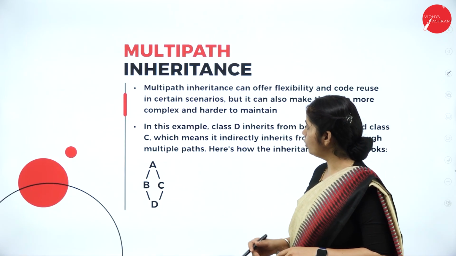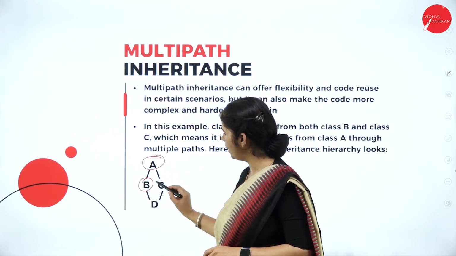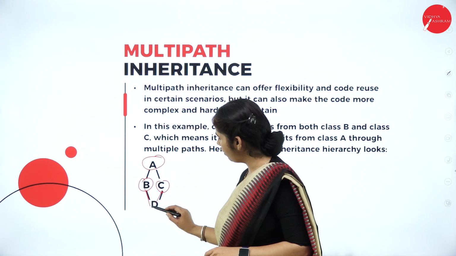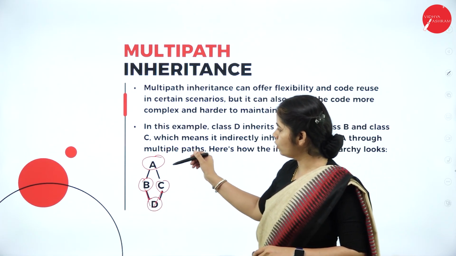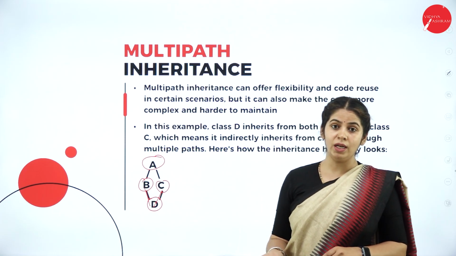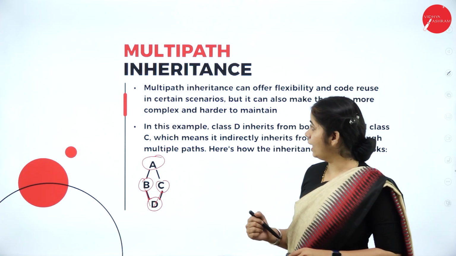So how are we going to do that? We have one base class, we have two derived classes, and here we are applying hierarchical inheritance. It is a combination of multiple inheritance and hierarchical inheritance.